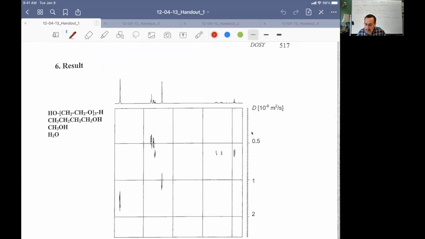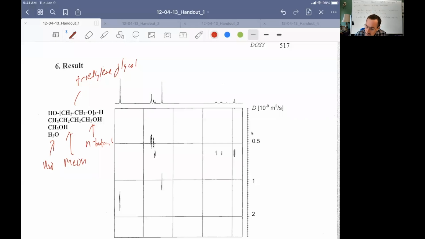And what they did in this example was they made a mixture of different compounds. So this was a demonstration where they took triethylene glycol, they took n-butanol, they took methanol, and they took water, and they mixed them all together in an NMR sample.